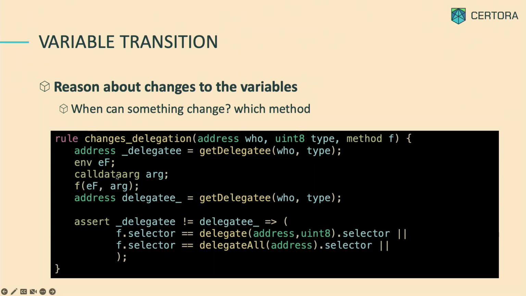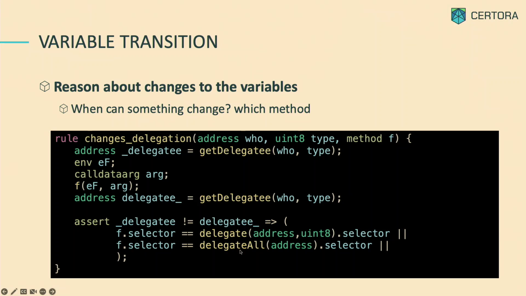Does anyone need a reminder about parametric rules? We went over this yesterday. I'll just say a small description of this. We actually check this rule on every method that is external or public in the Solidity contract. So if it changed, then it implies that it's one of the functions that are allowed to change this.